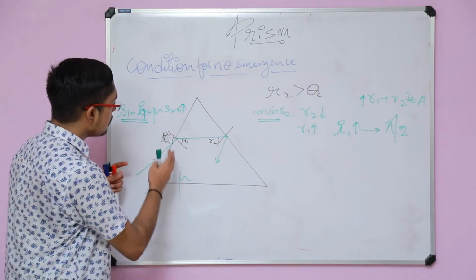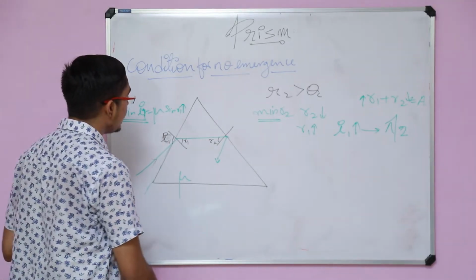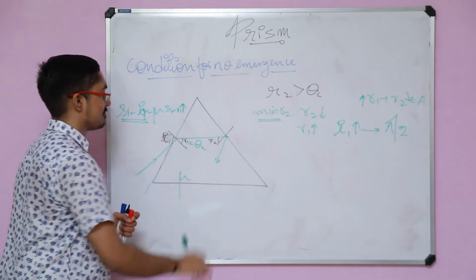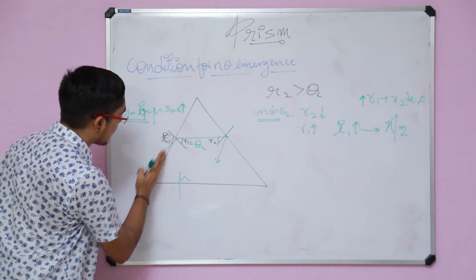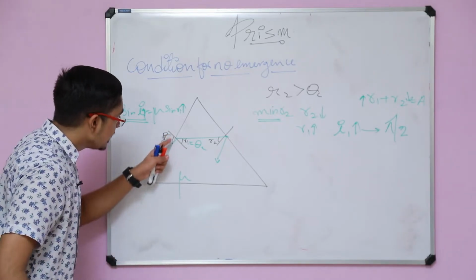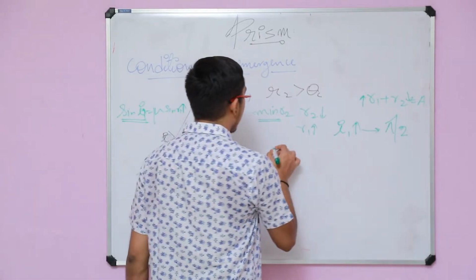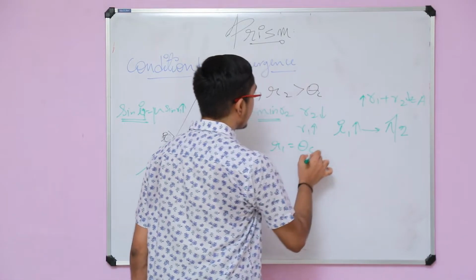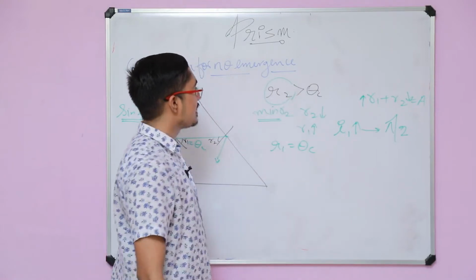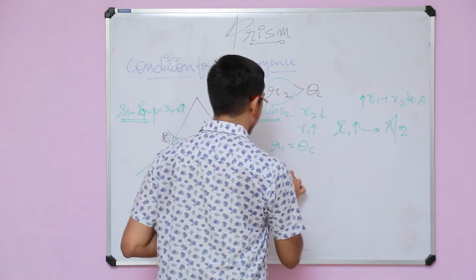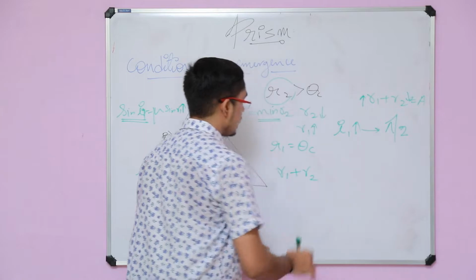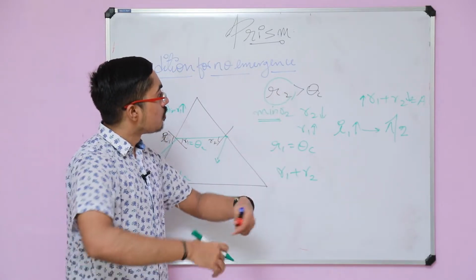When the maximum possible value of I1 is equal to 90 degree, then R1 is equal to theta c, isn't it? If I1 is the maximum, that is 90 degree, if it is grazing over the surface, then R1 is equal to theta c. So I get that R1 is equal to theta c, and you have R2 is more than theta c. If I add R1 plus R2, R1 is theta c, R2 is more than that.